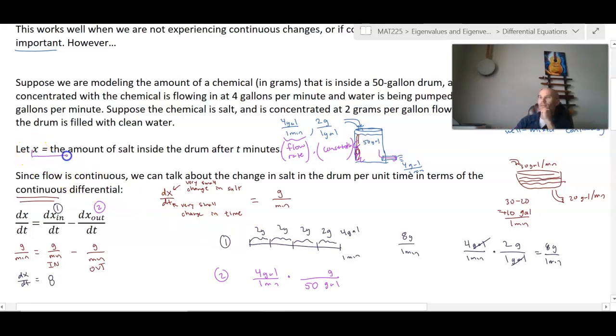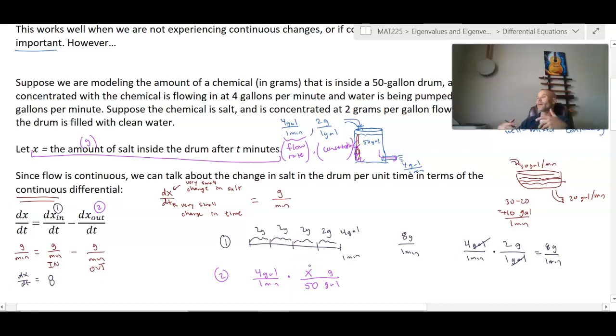But the beauty of this is that I have a variable that says, well, at any moment, after t minutes, there is x amount of salt. By the way, this should be in grams. There are x grams of salt inside of there. So the outflow rate is always going to involve a variable concentration.